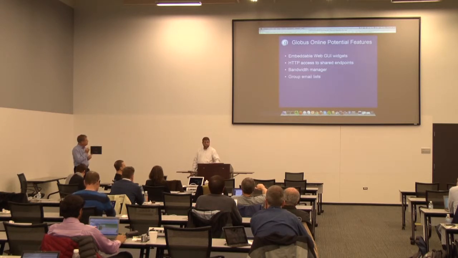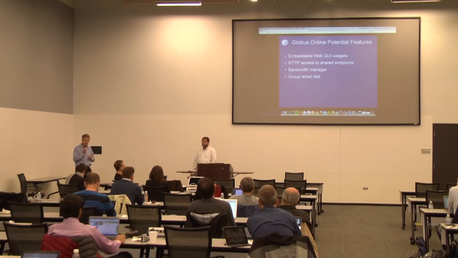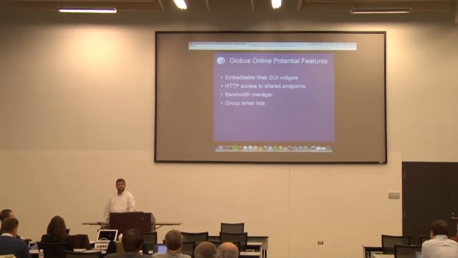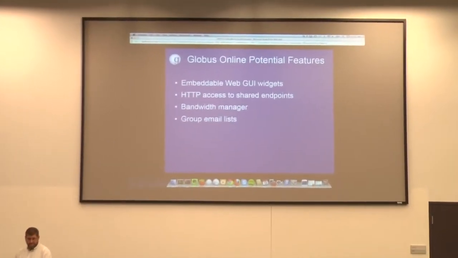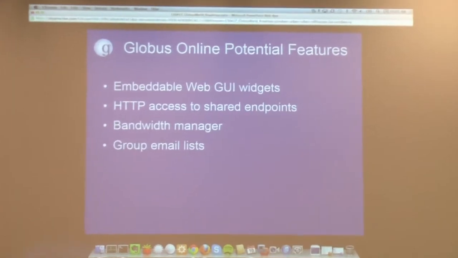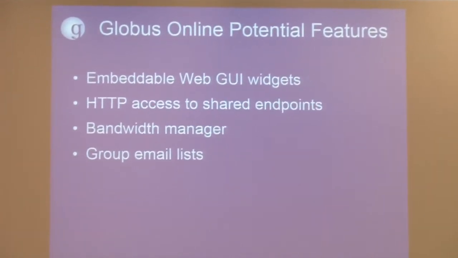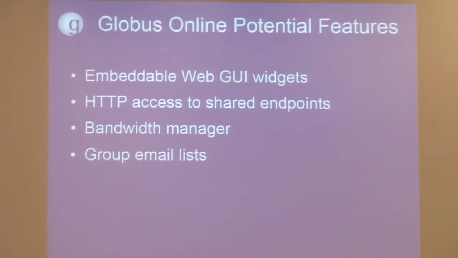Next. Group email lists. Right, so now we've got groups. There's lots of things you might like to do with groups, right? So you can certainly use them to manage sharing. You could also use them to do other things. But one obvious thing you'd like to be able to do is to send email to members of a group. There's lots of other things you might want to do as well.